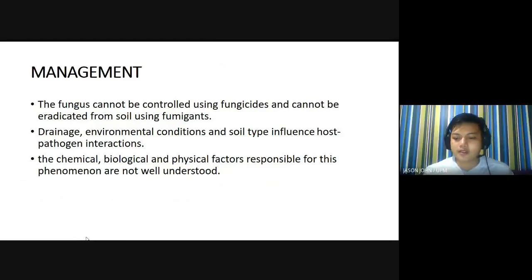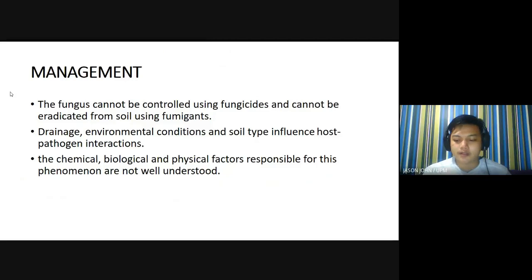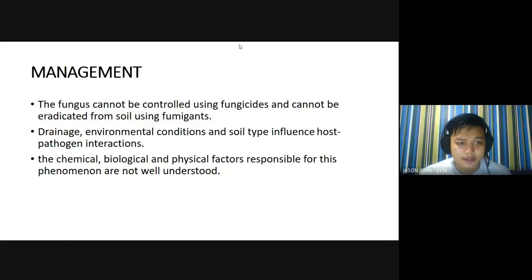So the next is about management. So this is the explanation about management of this disease. So first, the fungus cannot be controlled using fungicide and cannot be eradicated from soil using fumigants.